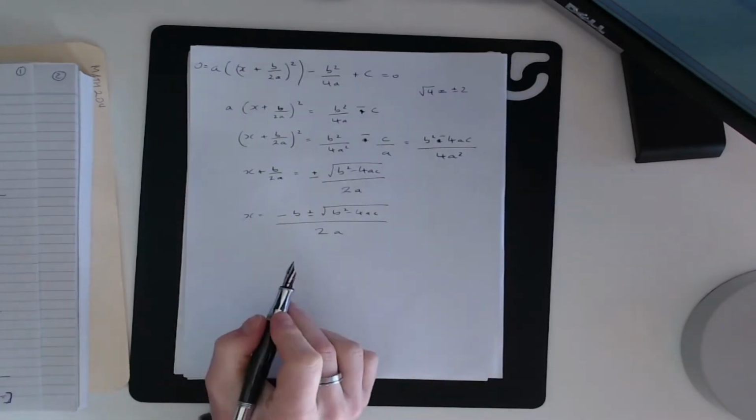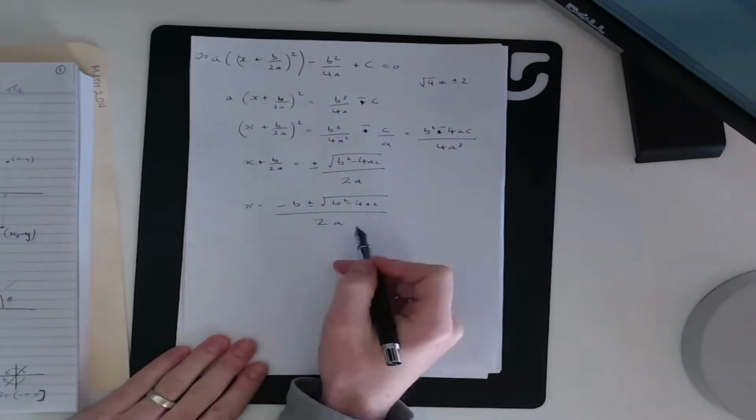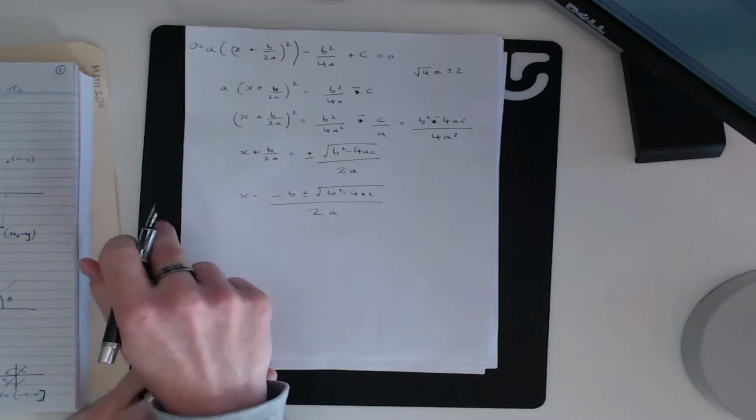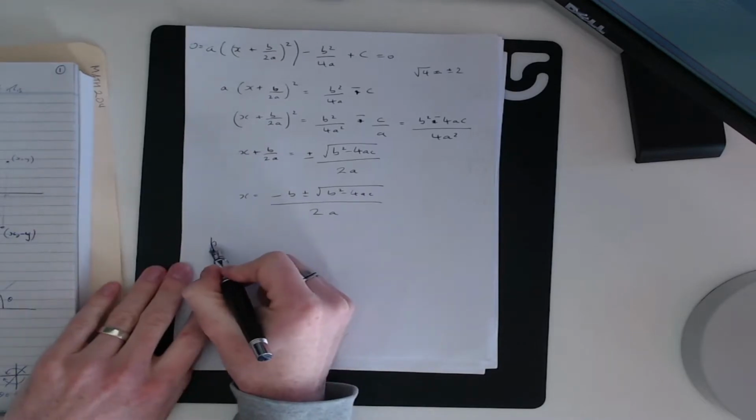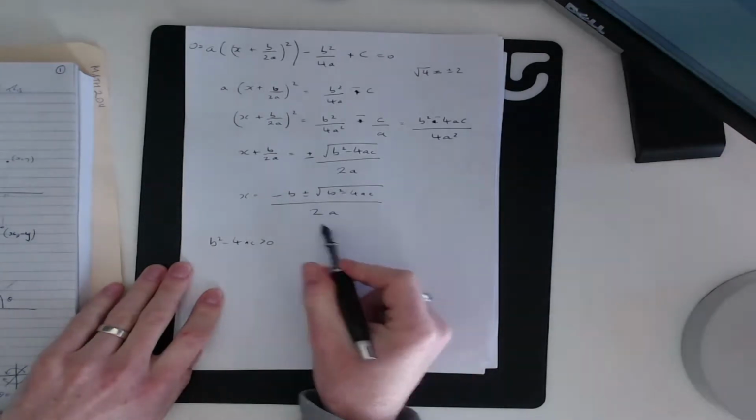Okay. Right, now you'll have all seen before that this equation has some different interpretations. So if b squared minus 4ac is greater than 0, then we have two roots.